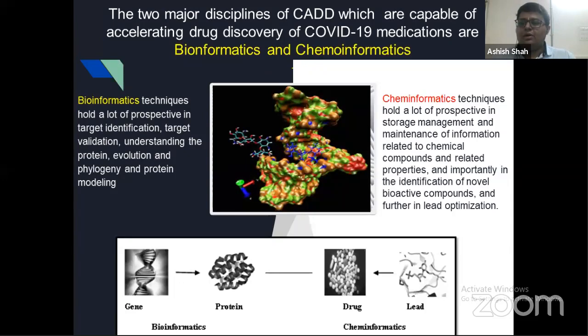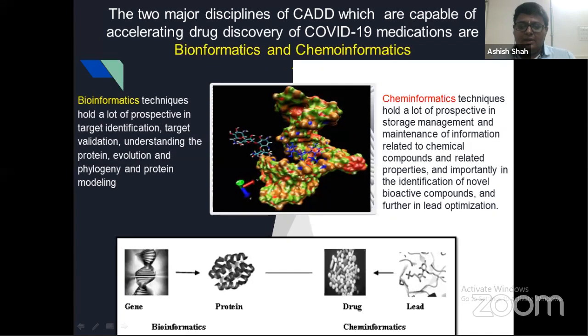The third step of drug discovery, lead identification as well as optimization, you start with chemoinformatics. So for the discovery of COVID-19 medication, you can use both approaches together.